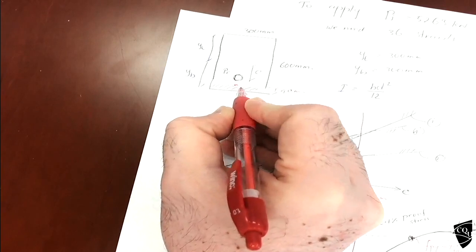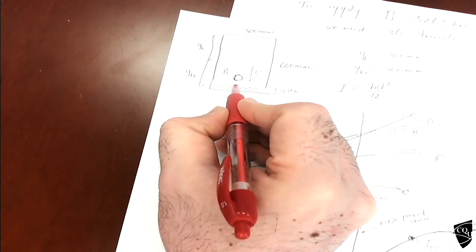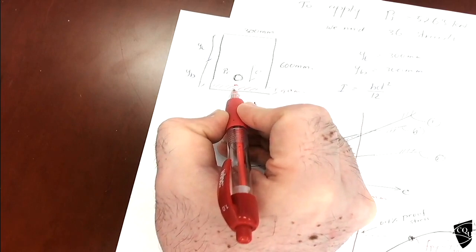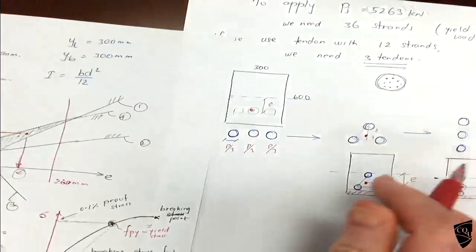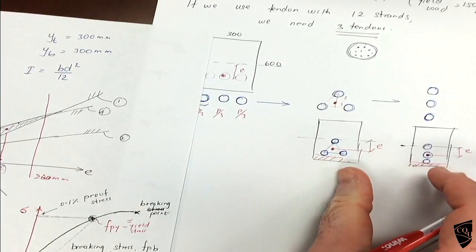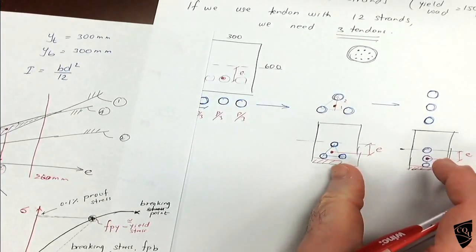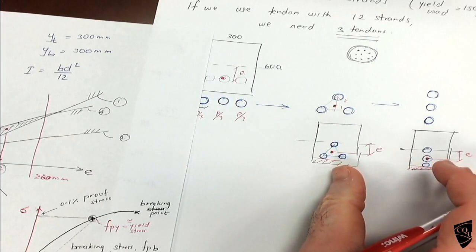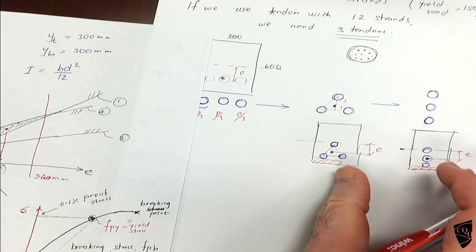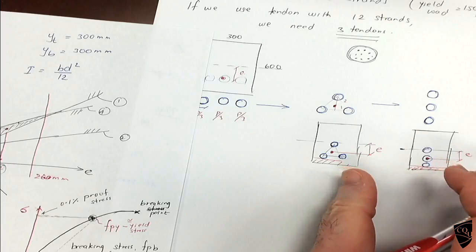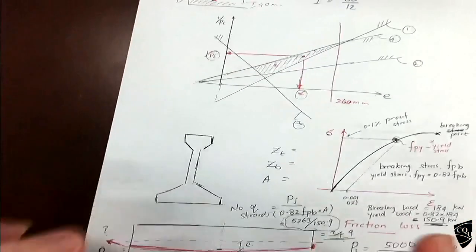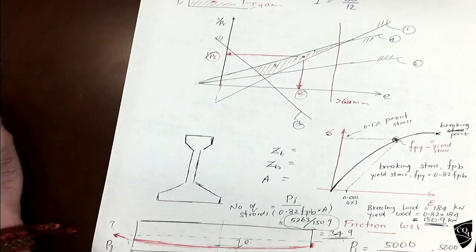If you select the E here, you cannot put any tendons below, so these cases are not possible. Is it clear? So this is how we normally arrange the tendons.